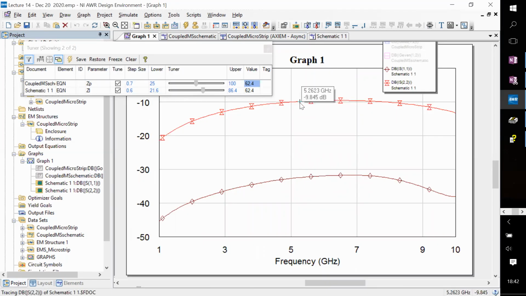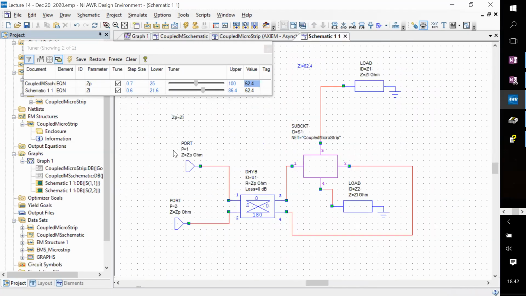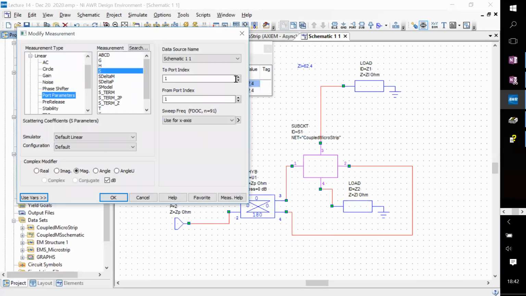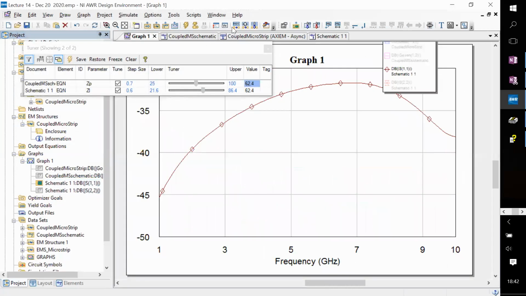Now what Jay is asking is, if we were only interested in the even mode, then does this port 2 impedance matter? First of all, I should not be looking at the port 2 reflection coefficient. I only should be looking at the port 1 reflection coefficient, and that of course is fine. It's some low value here.